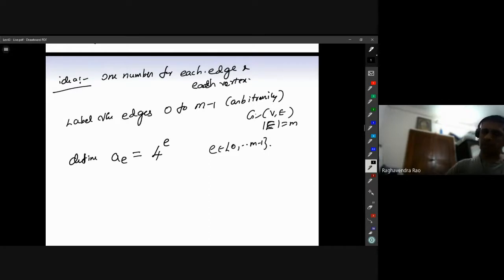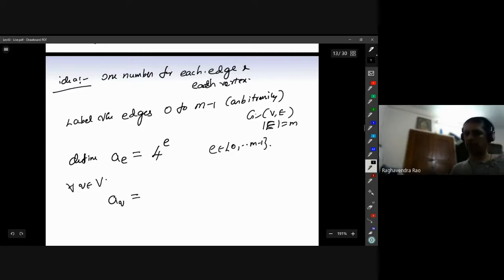Okay, and for all v in V, a_v is the following number, which is 4 to the m plus, so now you look at the set of all edges e such that e is incident on v.